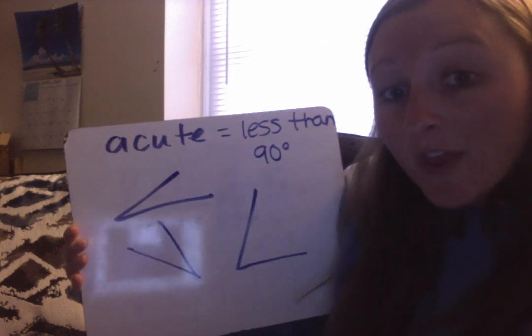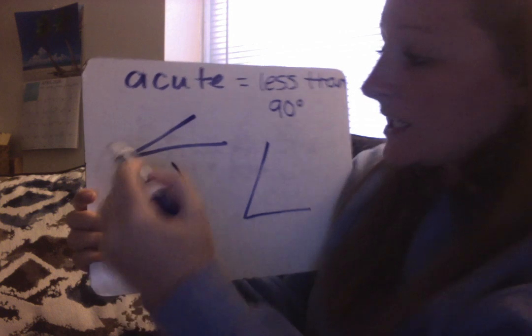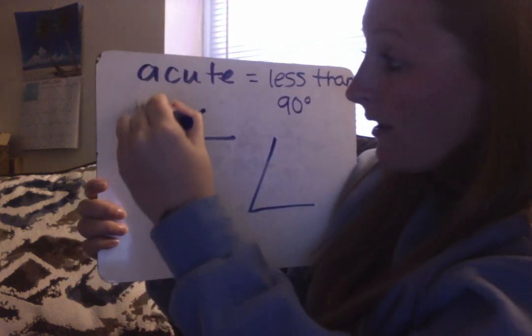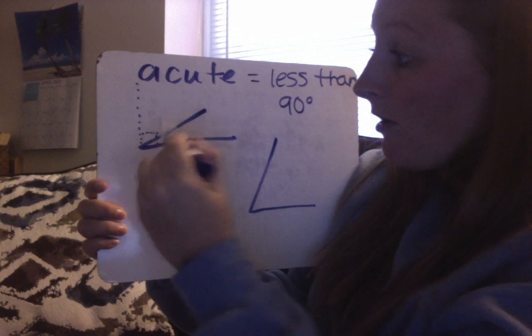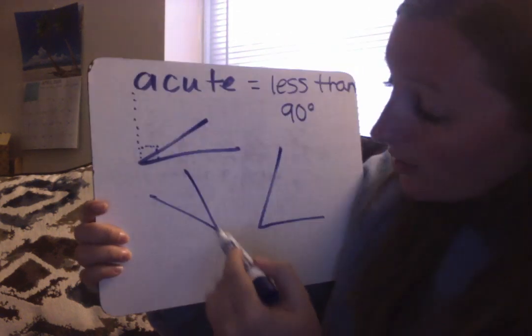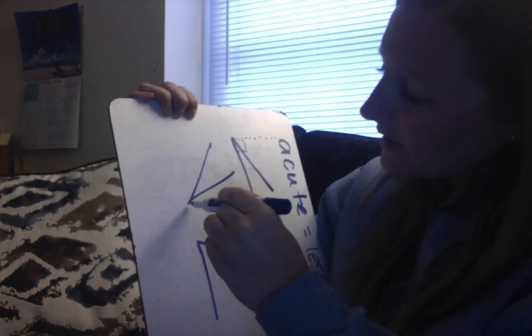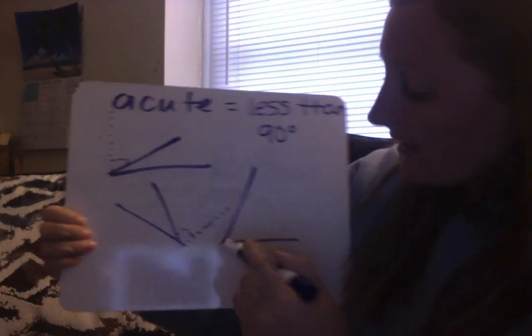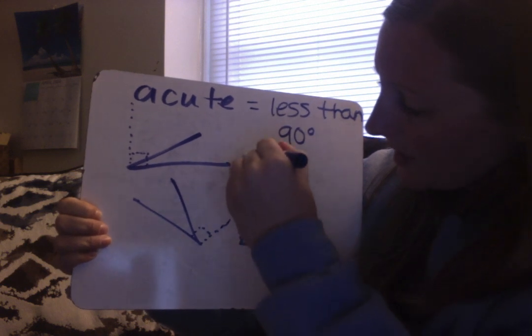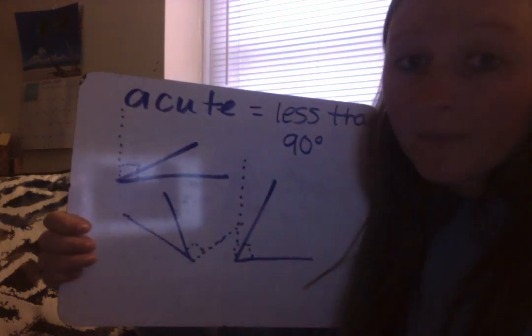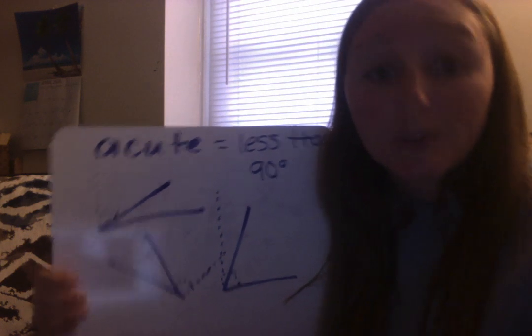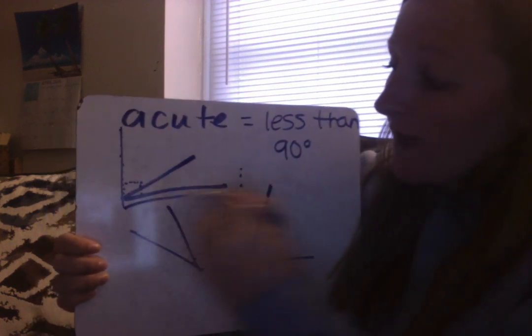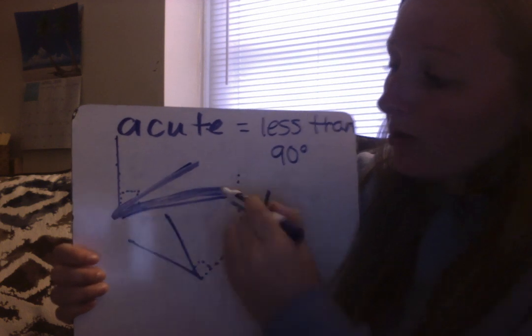And we know that these are all acute angles because they are less than 90, because if we made these be our 90 degrees, it is smaller. This one, if I made this one be 90 degrees, I'd probably go out this way. And if this one was 90 degrees, it would probably go up like this. These are smaller than that right angle, so these are called acute angles, the smaller ones, less than 90 degrees.